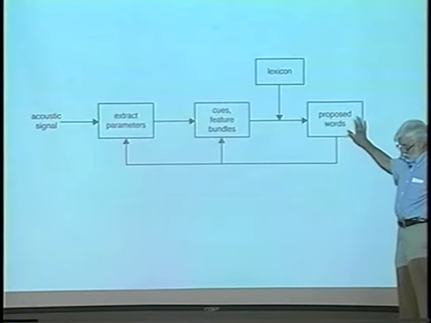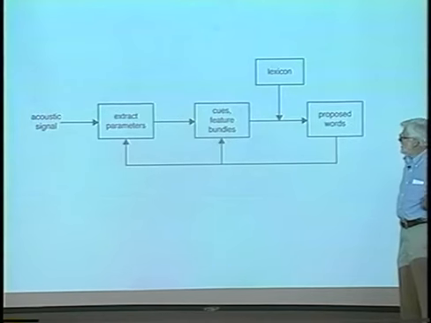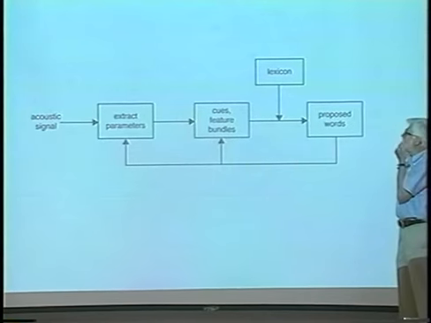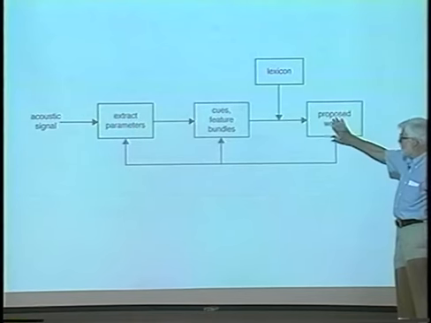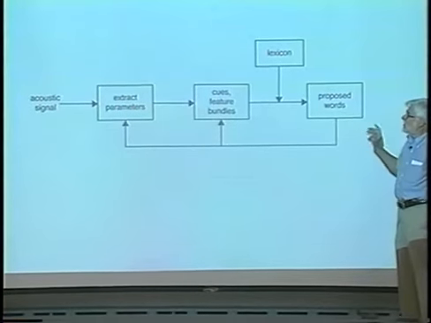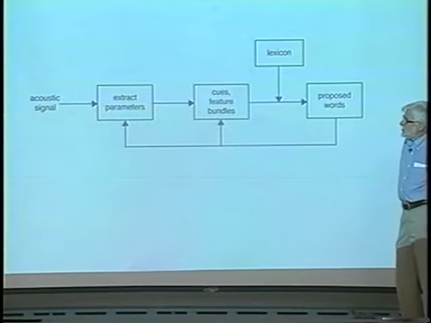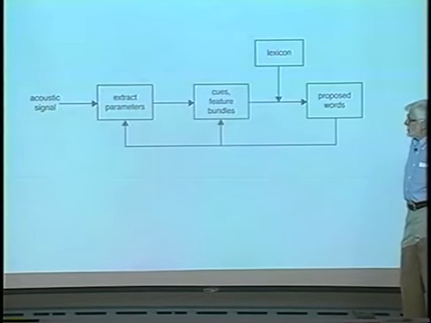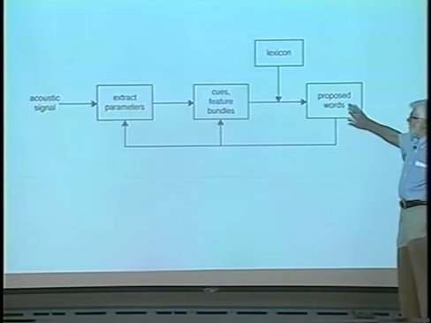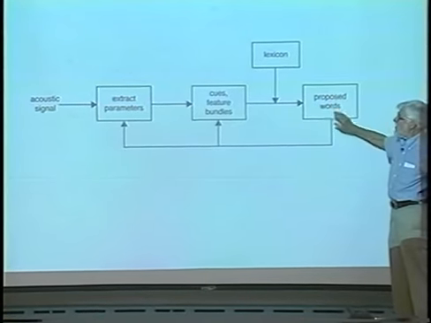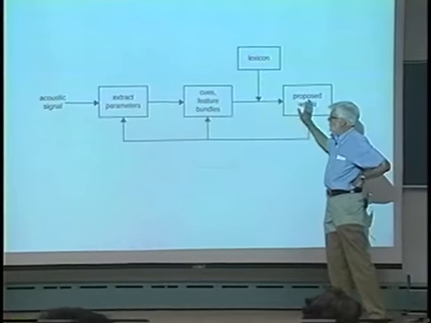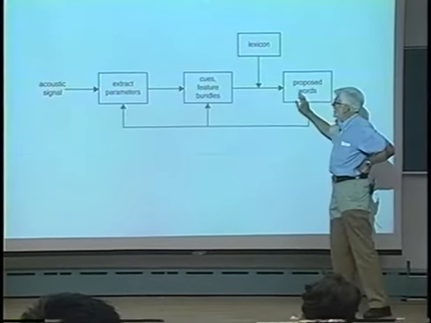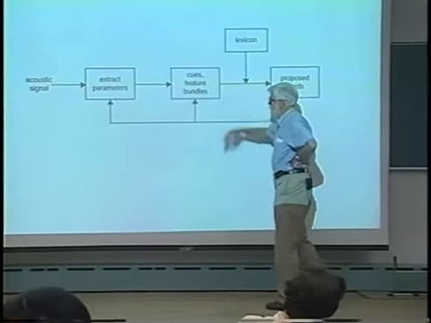or proposed word sequences. Now, if you have a cohort, let's say, take the simple case of 2 or 3 words, then what you need to do is take another look at the signal or take into account the context and either take a look at the signal or modify or look at the cues that you used.